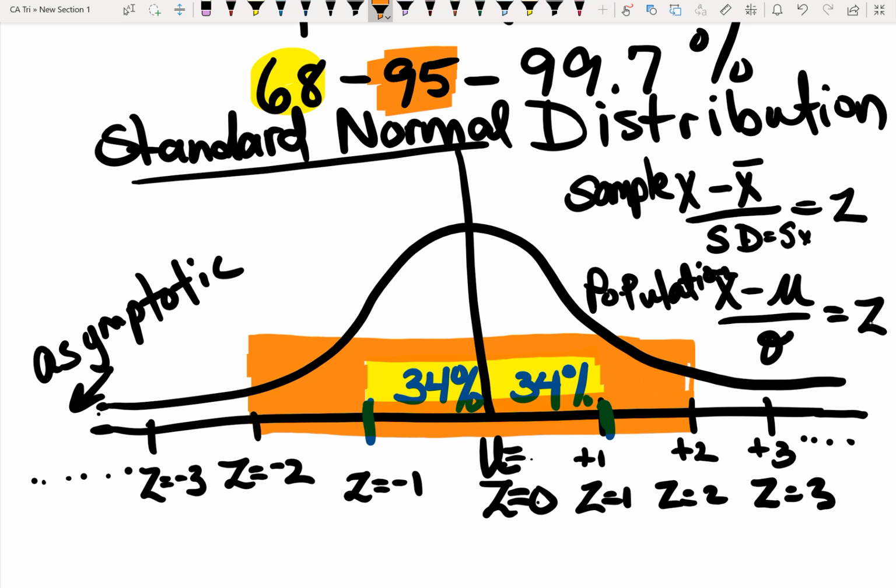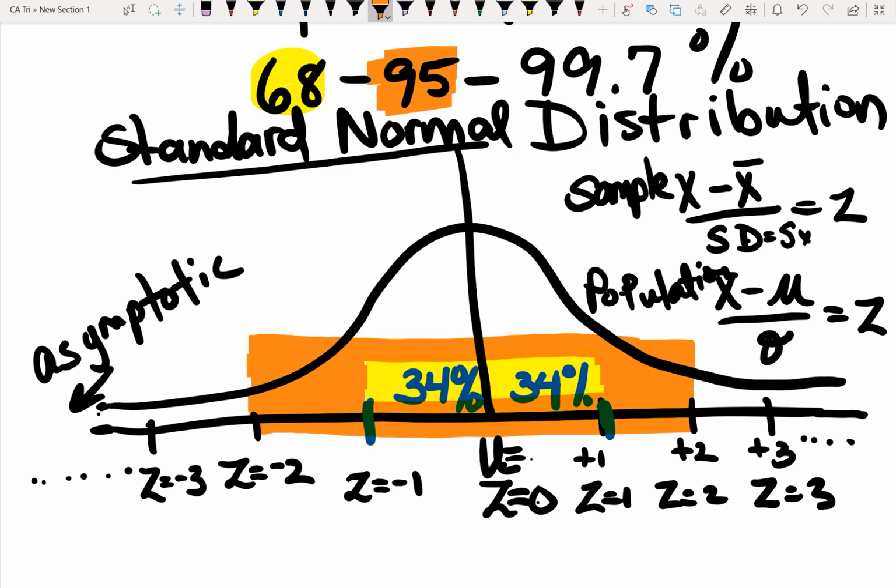All of that is 95% of the data. Okay? So obviously if we take 95% and we take away 64, we're left with 31, which if we divide in half is approximately, I'm sorry, I think I did this wrong.